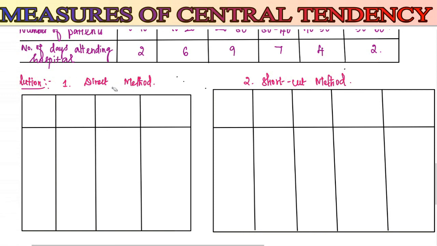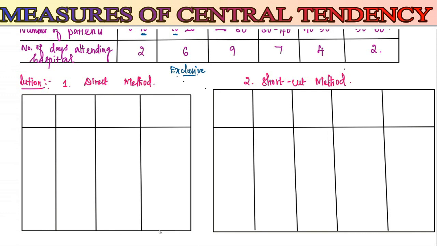Whatever method you are going to use, before using that method, you make sure that the given class interval is always in exclusive form. Exclusive form is when the upper limit of the first class interval is equal to the lower limit of the next class interval. If it is equal, then we call it exclusive form. So when the given class interval is in exclusive form, you can start solving the problems.